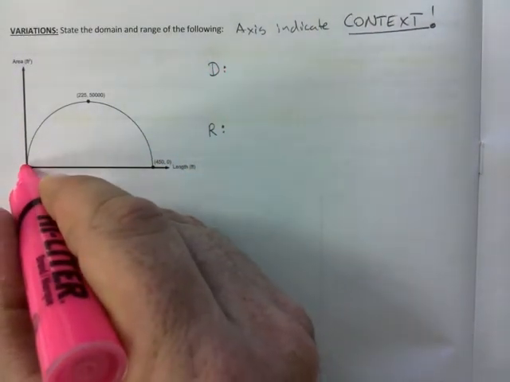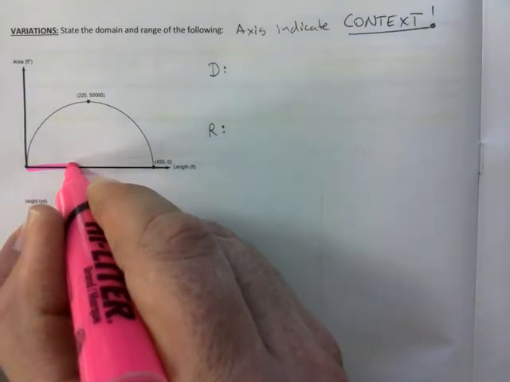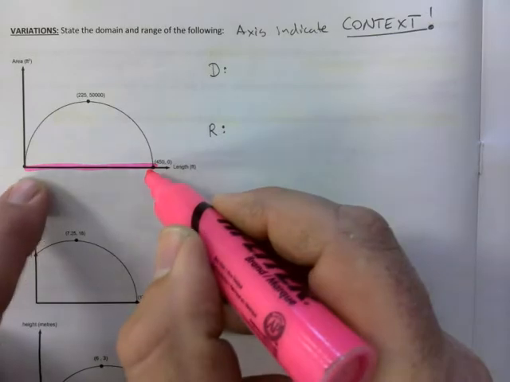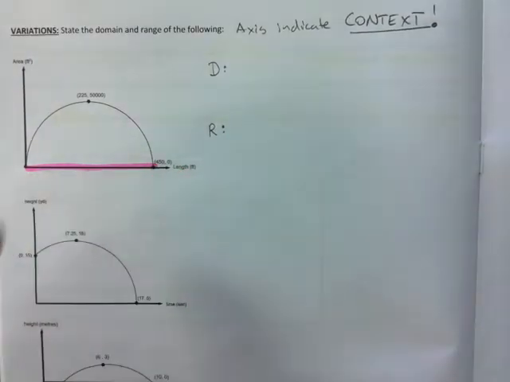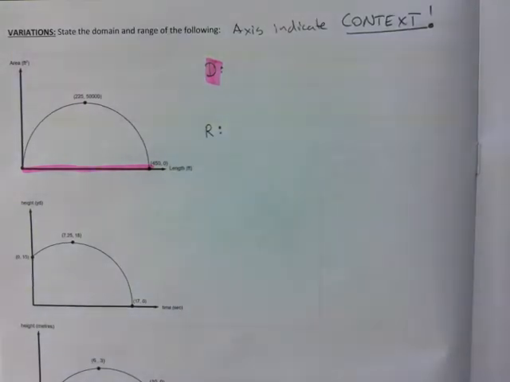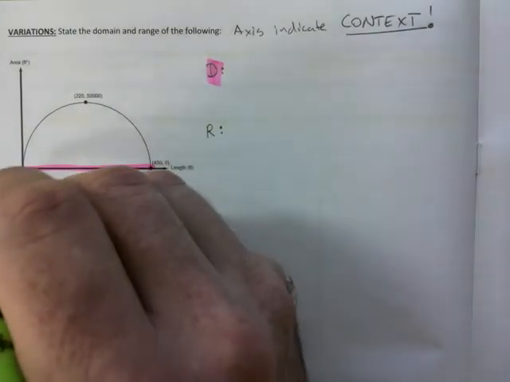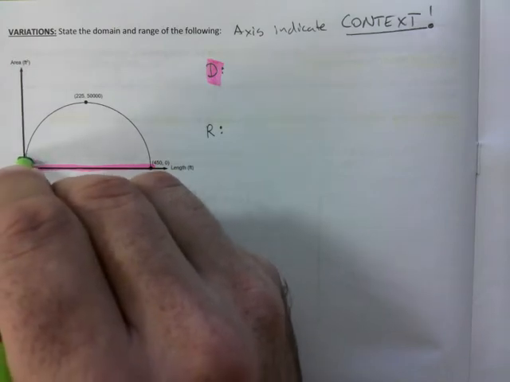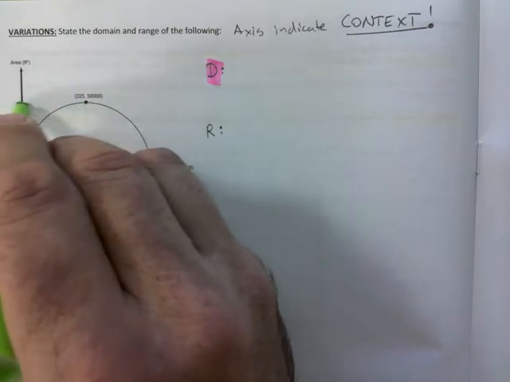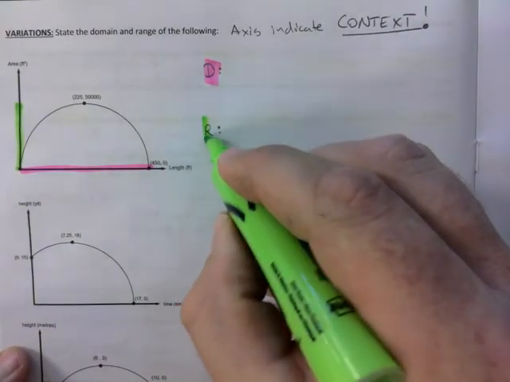So you start with the graph and you're like, okay, all along here I can see the graph until there. I can't go past that, right? That's my domain. And the range is all the acceptable y values, right? So if you look at the graph, it goes from here all the way to there, it stops there. And that is the range.